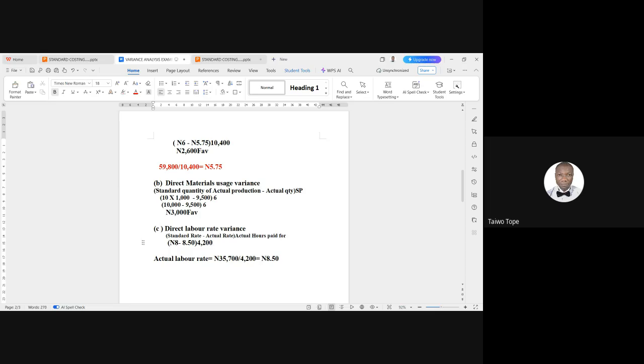The actual is 8 naira 50 kobo per hour. The outcome will be adverse. 2,100 naira adverse, because the actual is greater than the standard. Any question?